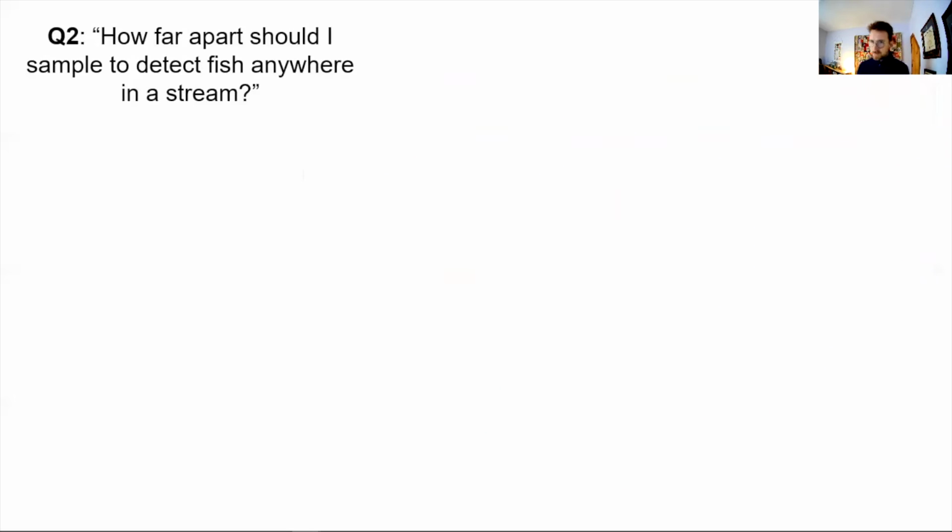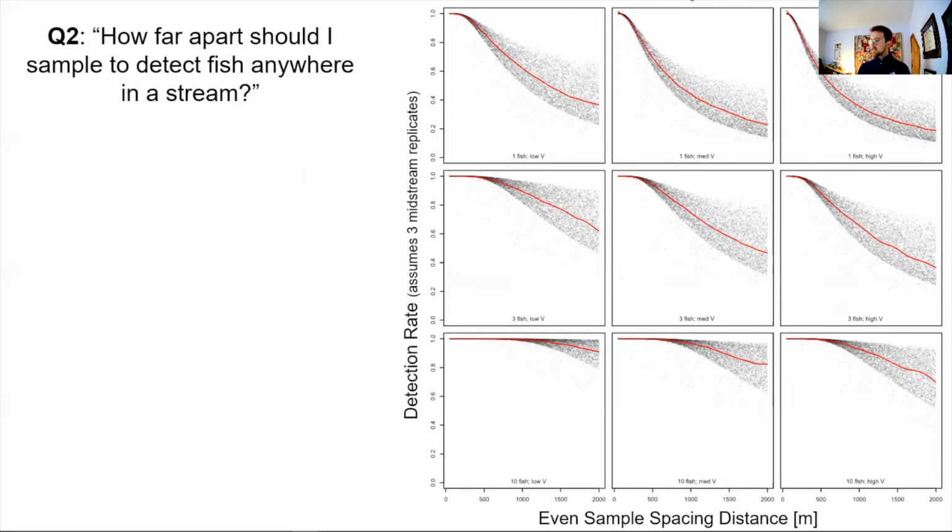Another question is, if you have no idea where the fish might be, how far apart do you want to sample? Say, do you sample every 100 meters, every 200 meters, 300 meters, across the whole stream to just see if fish are there? And again, using the model, we can totally just simulate this and answer that question.